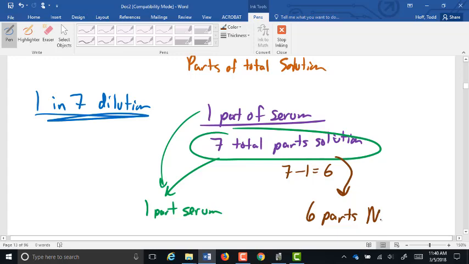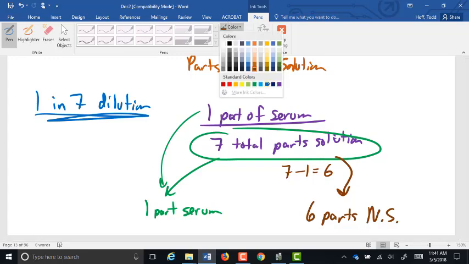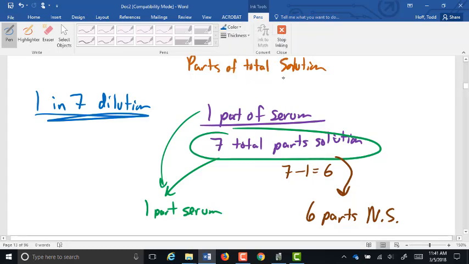What we're going to call that something else is NS, which we've mentioned before can stand for either normal saline or neutral solution. Basically it's sterile water. It's a diluent, a liquid that has no medicinal value.